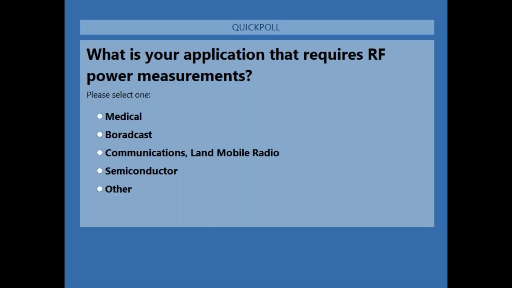So what is your application that requires RF power measurements? So we're looking at medical, broadcast, communication, LMR, semiconductor, or other. So if everyone could vote. And while everyone's taking a moment to submit their answer, I just want to start mentioning some of the ideas about the importance of the uncertainty of the RF measurements.